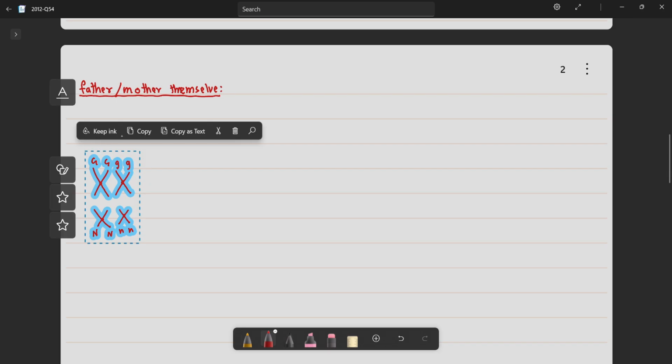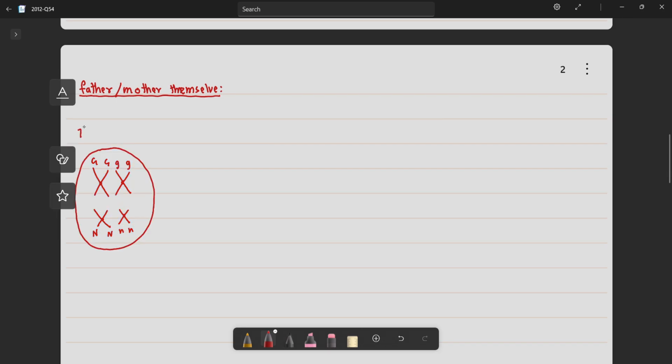The most important thing is that this is the first orientation. First orientation means this is the first possibility for how it might produce the gametes. I'm going to draw a diagram so that you can understand why I've written the orientation. This cell undergoes meiosis 1.